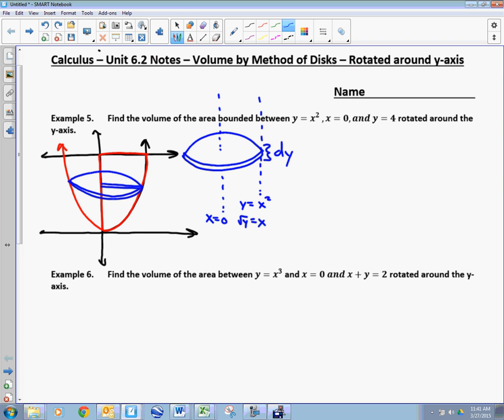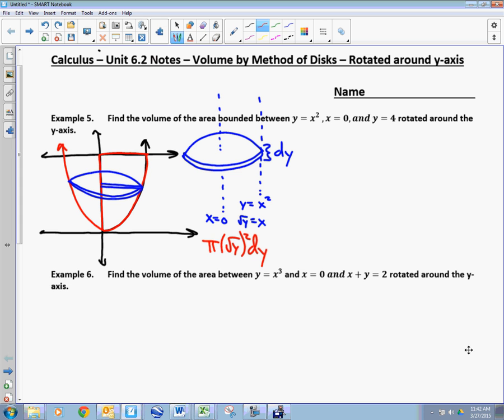So now you can see the radius, can't you? So the volume of this disk is pi times r squared dy. That's the volume of this disk.